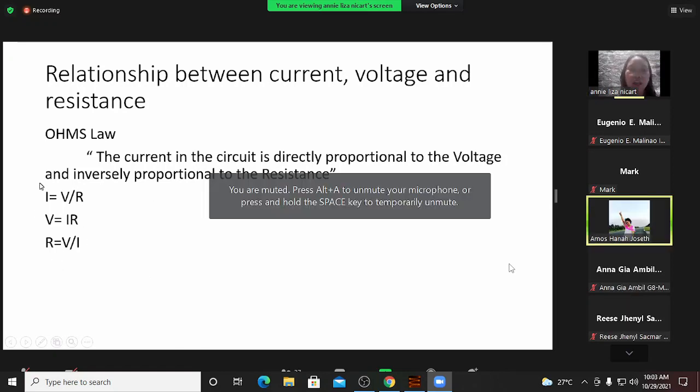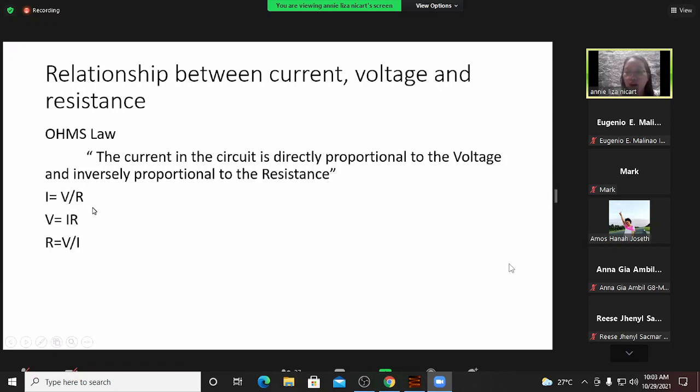In equation, we have I equals V over R, where I is the current, V is voltage, and R is resistance. You should know that already. We can also express Ohm's law in terms of voltage: voltage is the product of current and resistance. And resistance is equal to voltage over current.